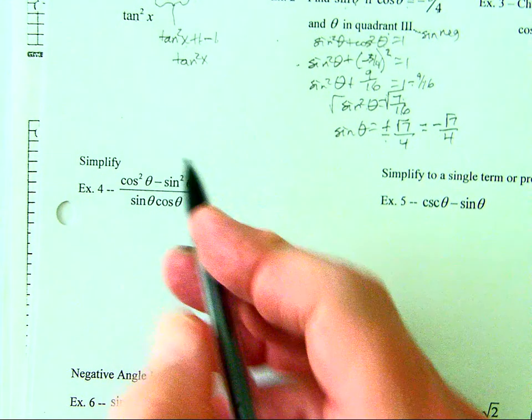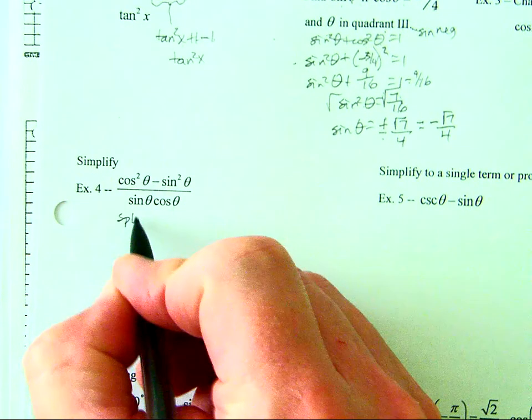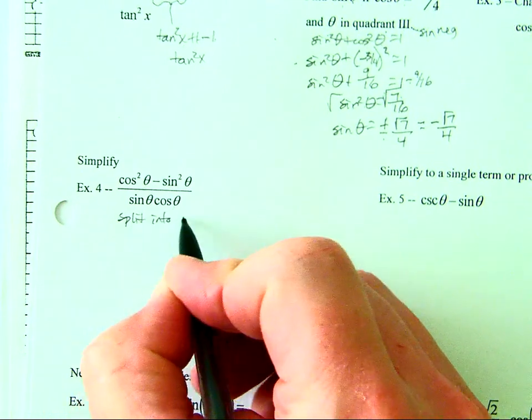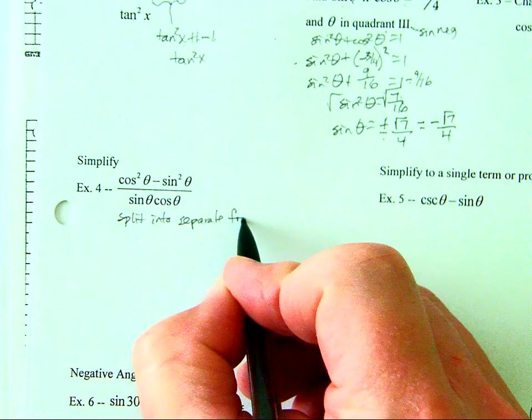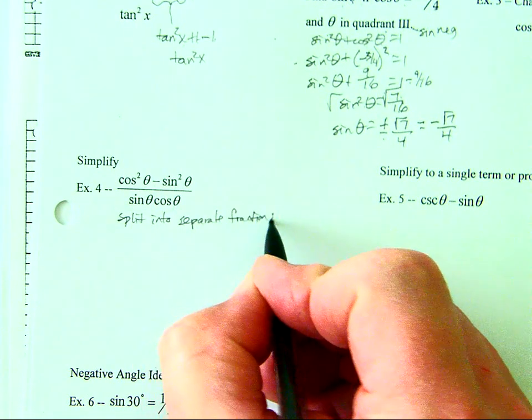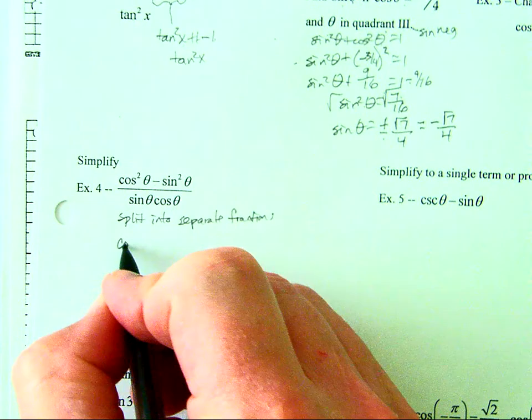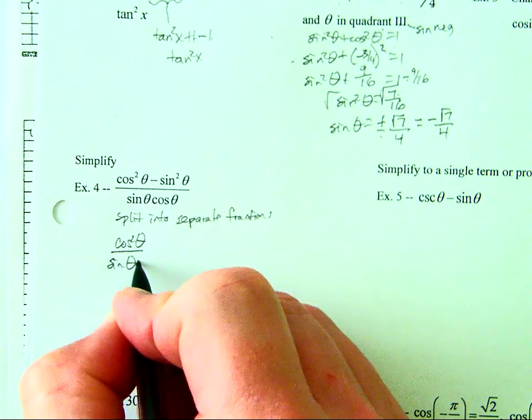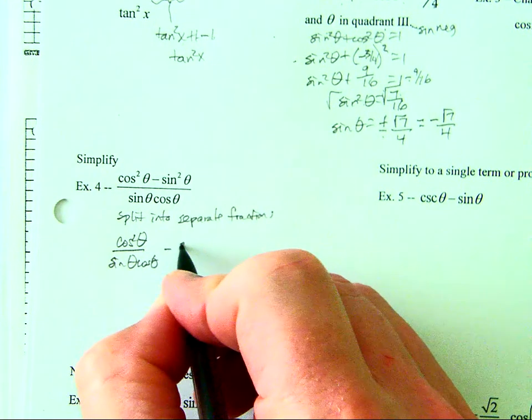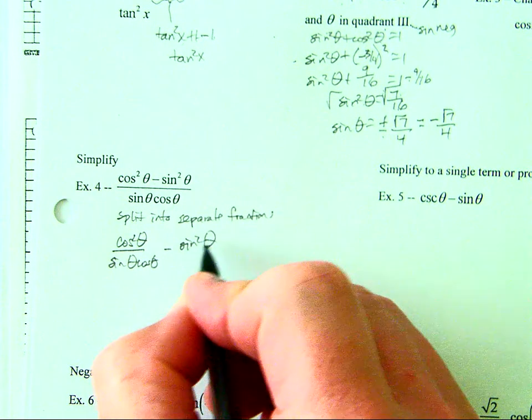A lot of times when you see that, we want to split this into separate fractions. If that top is not matched right to an identity, which this one doesn't, we might split it. So if we do that, now we have cosine squared theta over the denominator minus sine squared theta over the denominator.